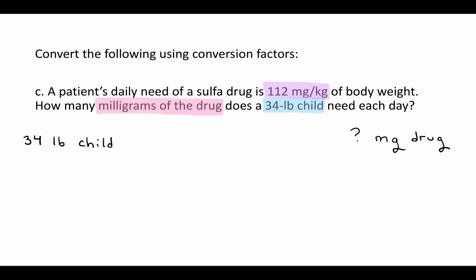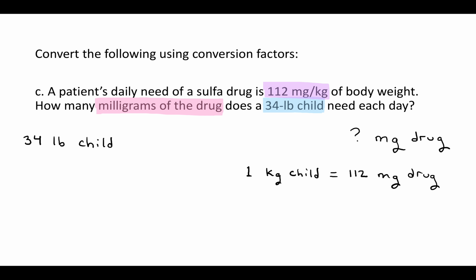They have 112 milligrams per kilogram of body weight, and so that seems like the only number there is 112, but actually there's a number in disguise, because when it says there's 112 milligrams per kilogram of body weight, what that really is is 112 milligrams per 1 kilogram of body weight. So we can rewrite that as a conversion factor and say that we're going to have 112 milligrams of the drug per every 1 kilogram of, in this case, a child.